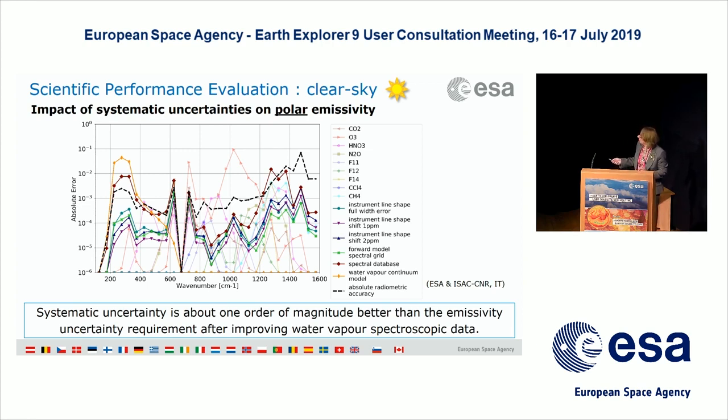So it looks dramatic, but it's not. But the most important line you want to look at is the black dashed line, because this is the systematic uncertainty component on the emissivity retrievals that comes from the radiometric accuracy. So we can't do anything about it because this is just how the measurements are. But everything below is basically negligible because of that.